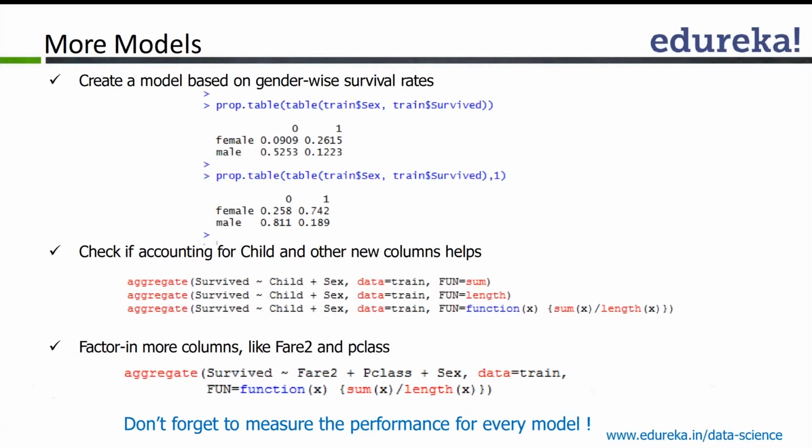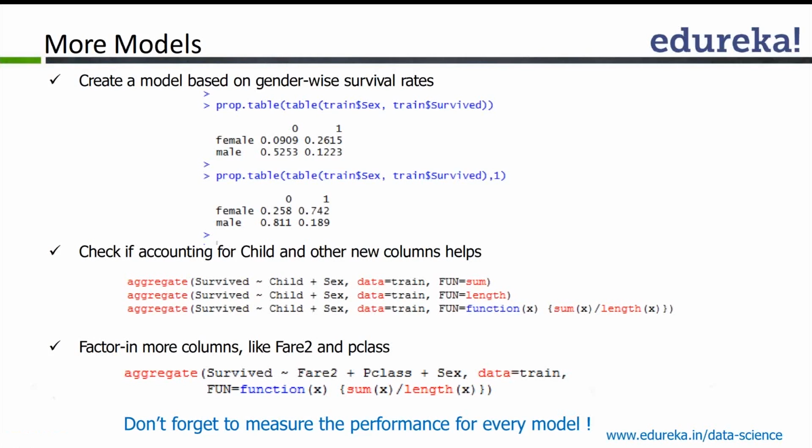For each of these models, I can see what the classification performance is. For these simple models, I'm not using a random forest or a decision tree or anything.